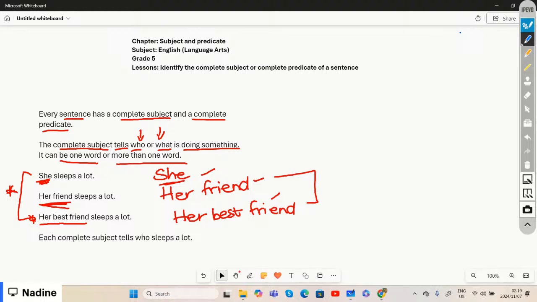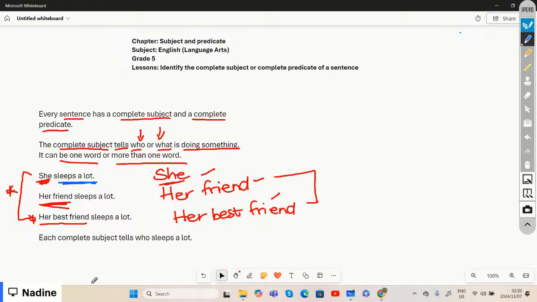Yes, they are sleeping, but look at the sentence. Sleeping is correct. They are sleeping is correct, but look at the sentence specifically. Because the predicate is also going to be the action and all of the other words it comes with the action. So if we look at the sentence, it says she sleeps a lot.